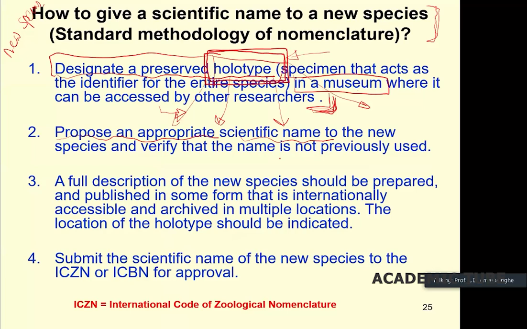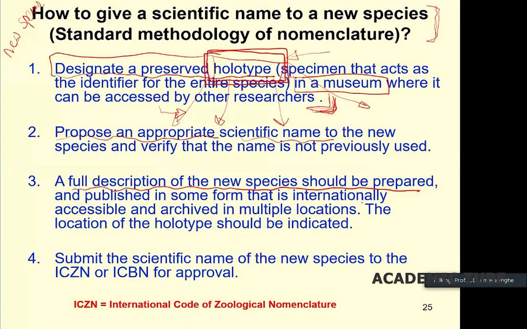Italic names, two words. First is a noun, second is an adjective. Then you have to describe full information about the species you found, and you can write a full scientific document, prepare and publish. How are you going to publish?